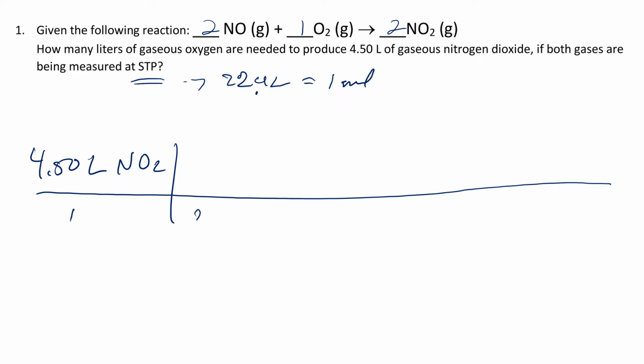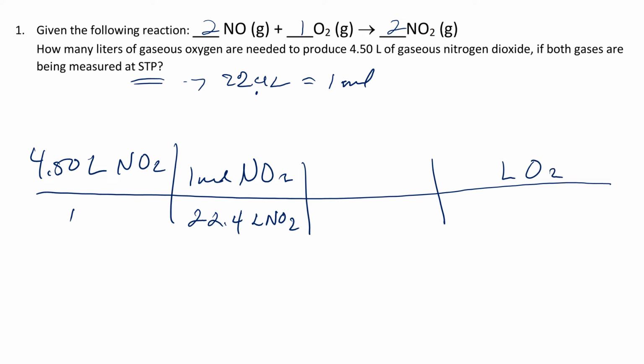So 22.4 liters of NO2 on the bottom, 1 mole of NO2 on the top. Next step. I'm at moles of NO2. Right now, I'll tell you that this is 4 steps to get to liters of O2. So the third step needs to be my mole to mole ratio.